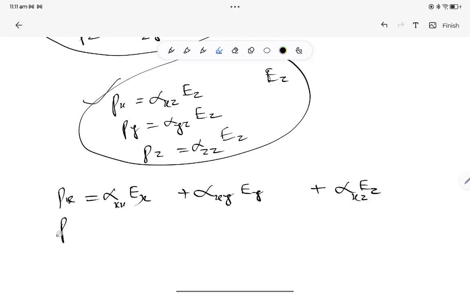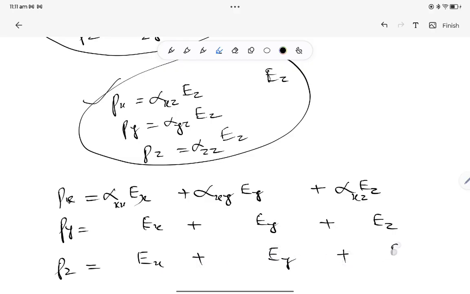Py is similarly due to Ex plus Ey plus Ez. Pz is equal to Ex plus Ey plus Ez. We now need to supply these constants.